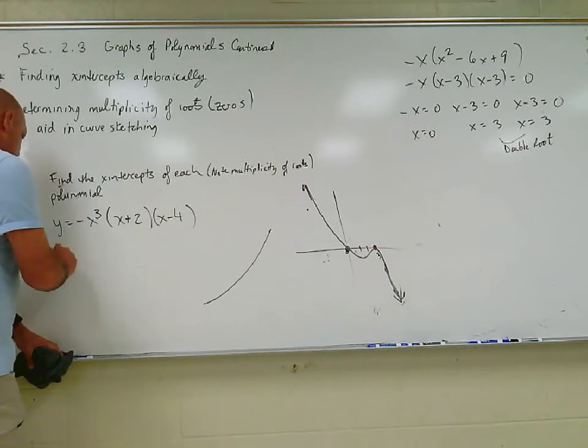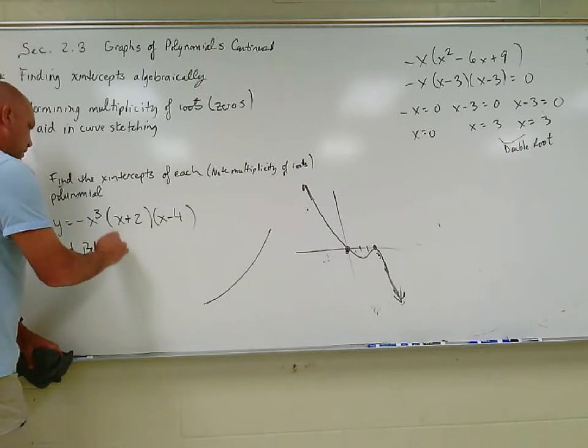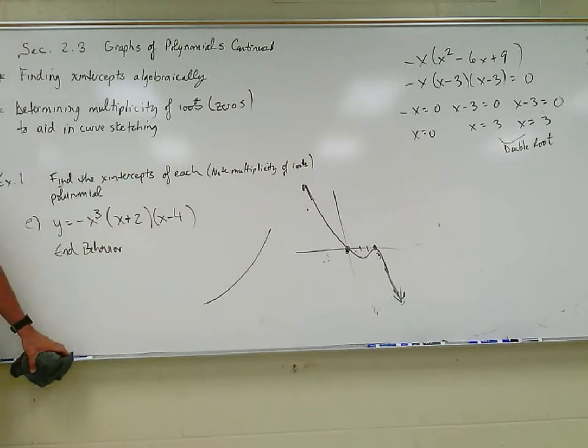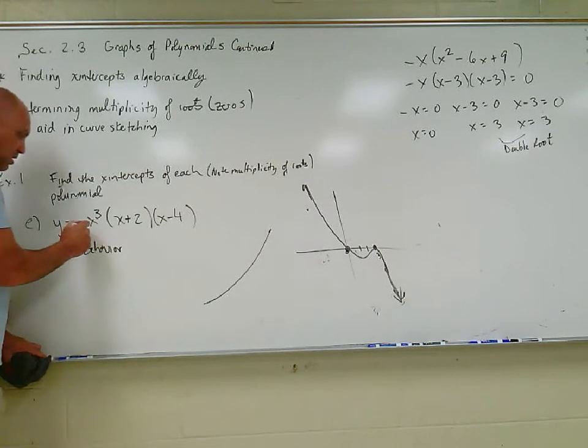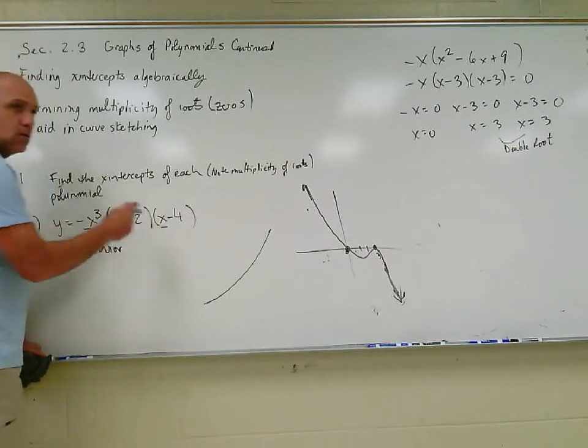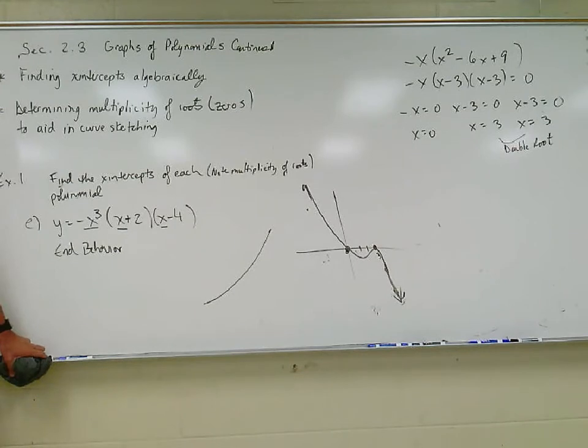Now the first question is this. If I want end behavior, let's be careful. It's not a third degree polynomial. So what I do is this. I take the first piece in each factor and multiply them all to see what's my degree. So it's not a third degree polynomial, it's a what degree? Fifth, very good. Everybody see how we got fifth?